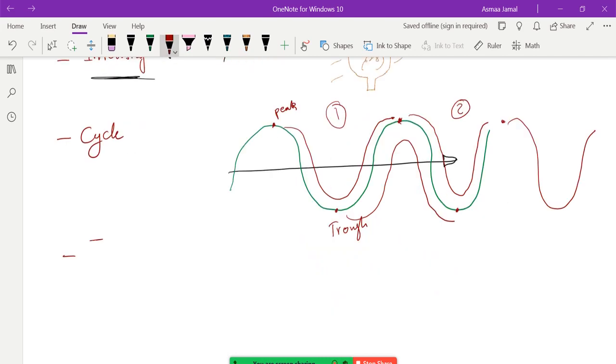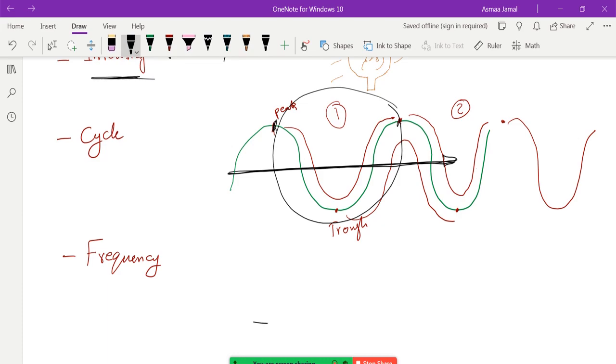While frequency means the number of cycles that pass through a specific distance in a limited time. So we have a specific distance and a specific time, let's say 1 second.